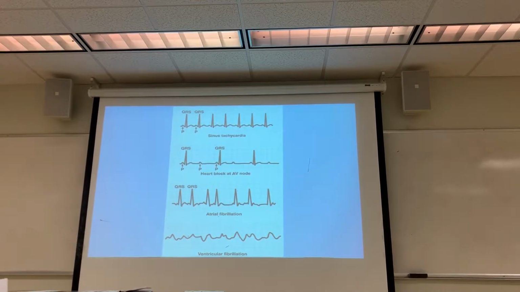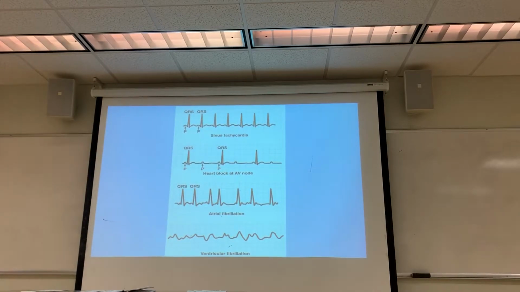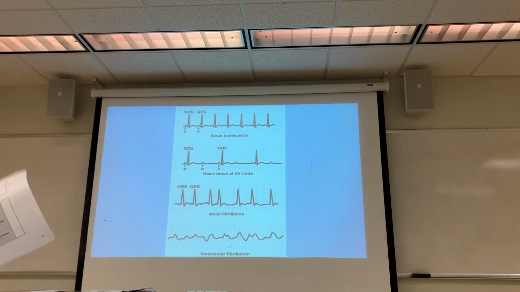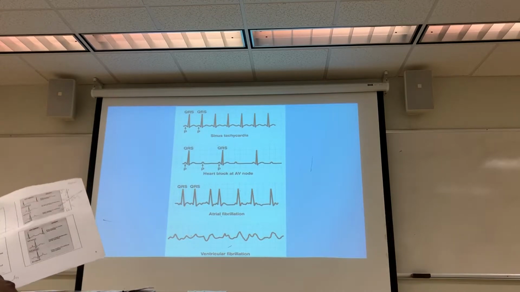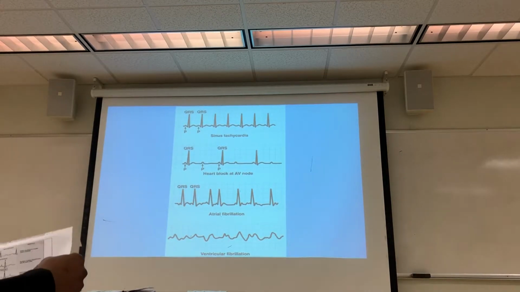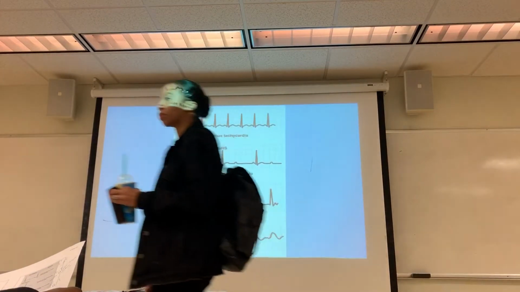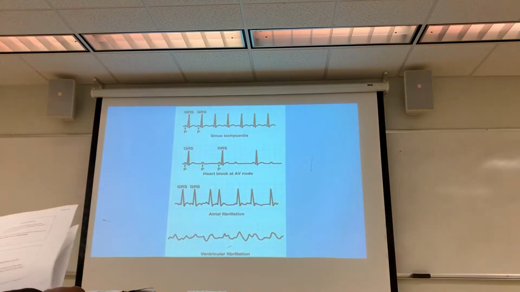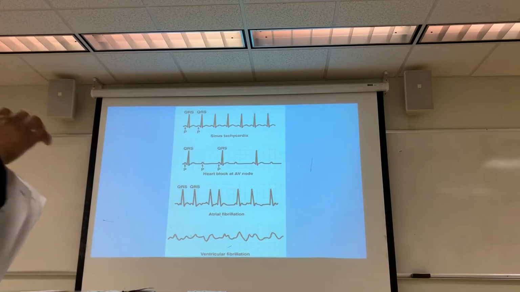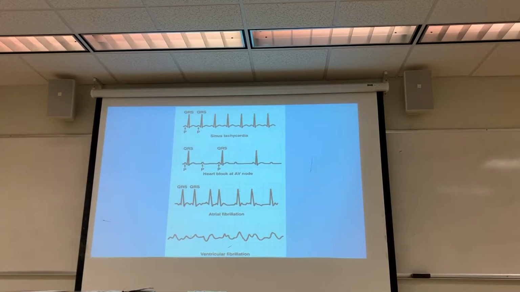Rapid heartbeat, a very fast heartbeat, more than 100 beats per minute. Normally we have a heart rate of 75. If it goes more than 100, it's tachycardia. It will look like this: the R is so close to each other, right? We have the R here and R here, close to each other.